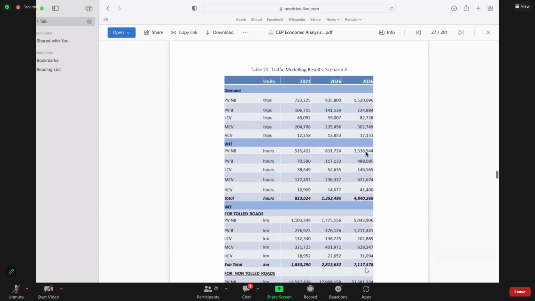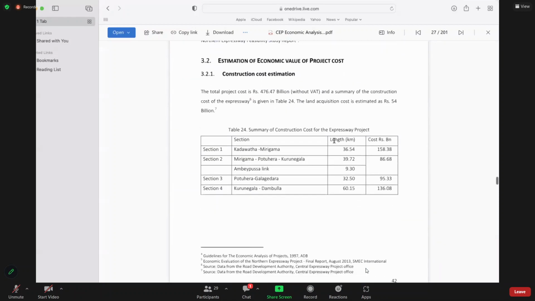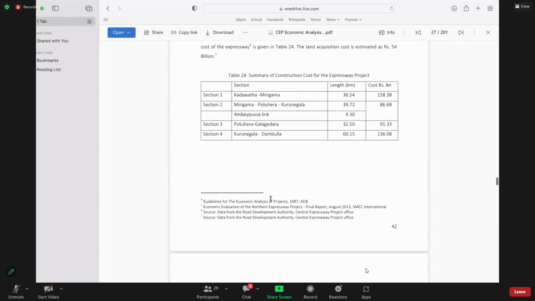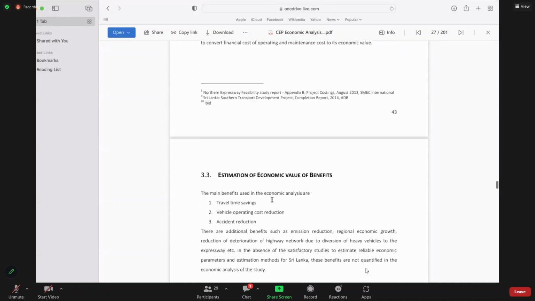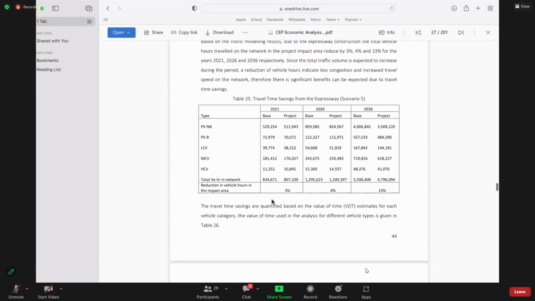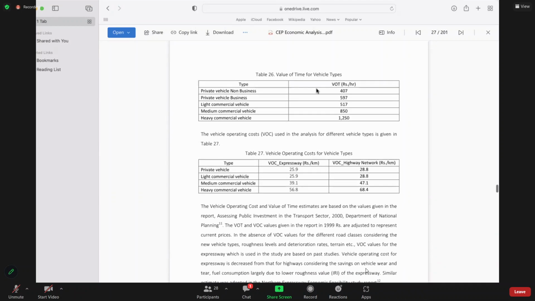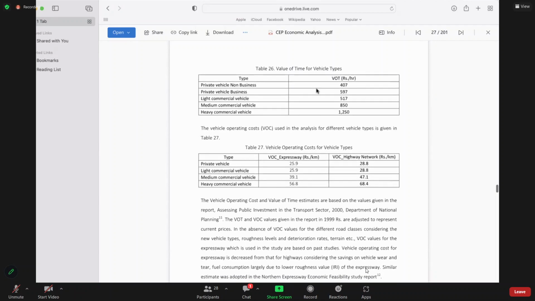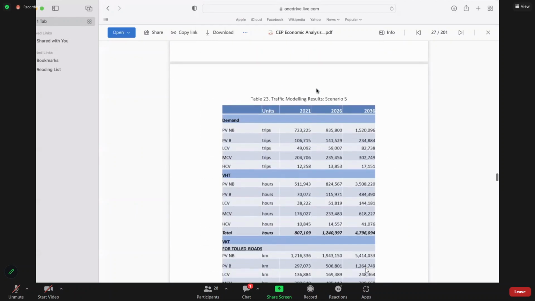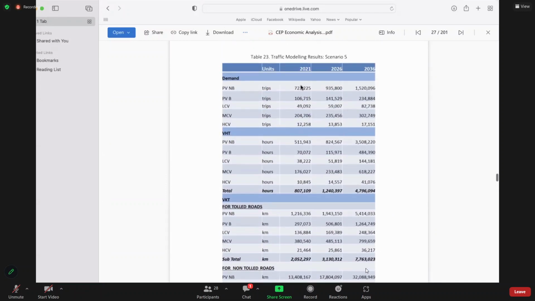Likewise, for all the 5 different project alternatives. To do these kinds of forecasting modeling, you will of course need subject experts.